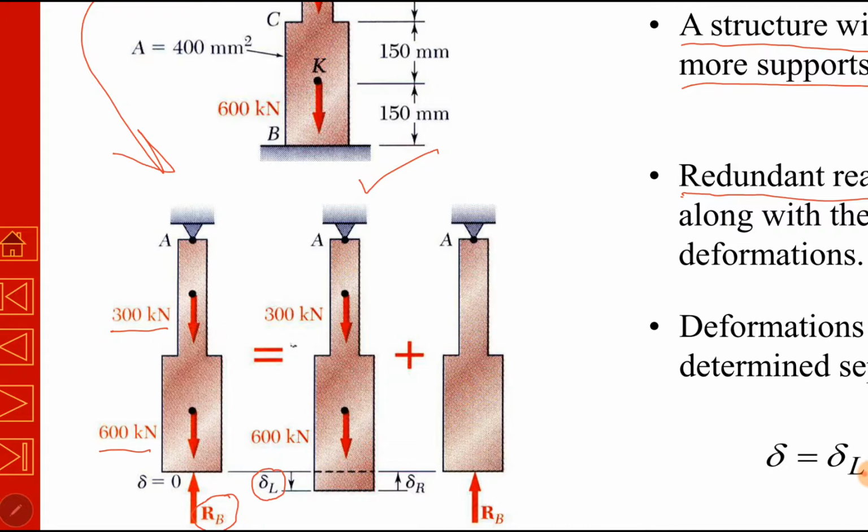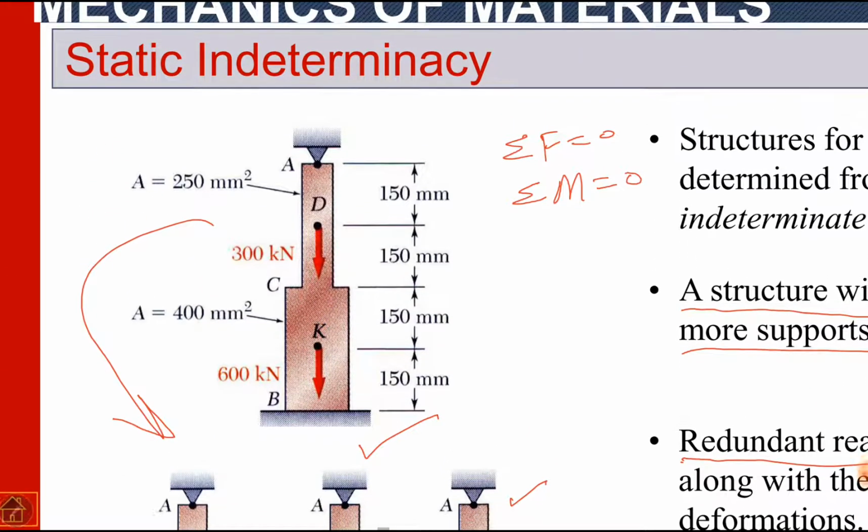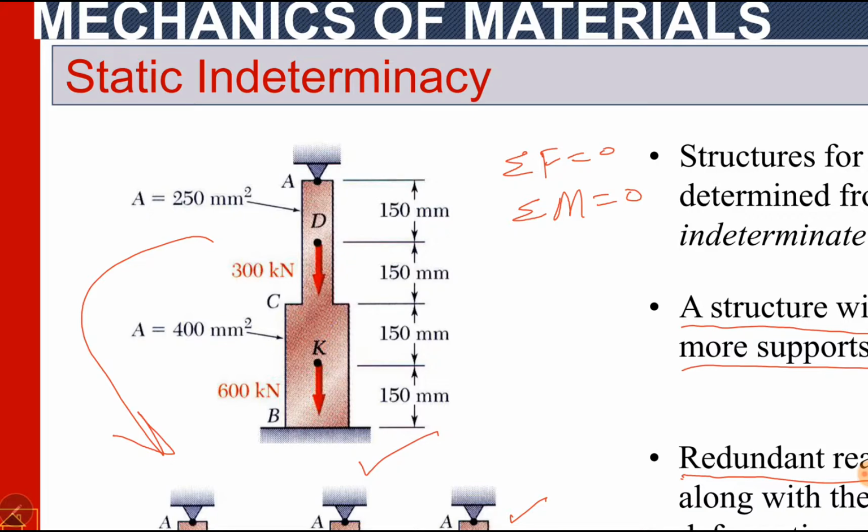In the next step, we will add the redundant reaction and remove all of the other forces, like in this case, where RB is compressing back the bar by a displacement equal to delta R. Now, initially, there is no tolerance at points A and B. It is exactly fixed between A and B. There is no space for this bar to elongate.